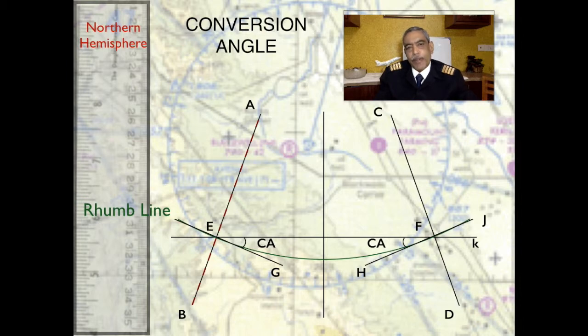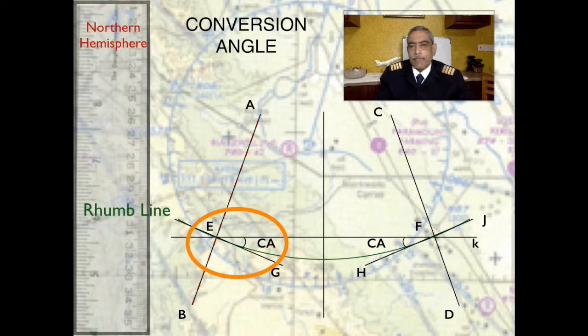Now at point E, the Rhumb line track and the great circle track, we learned that they cut each other, and the difference between these two is called the conversion angle. Therefore, I have drawn a tangent along this curve at point E. Therefore, angle FEG will be the conversion angle.